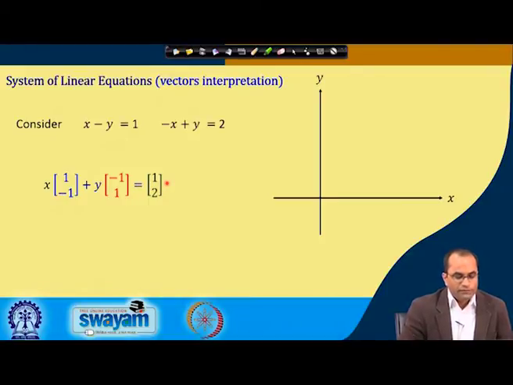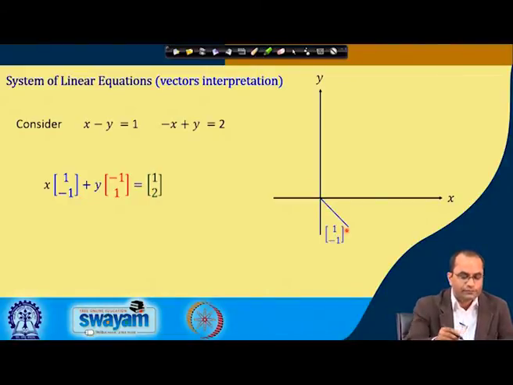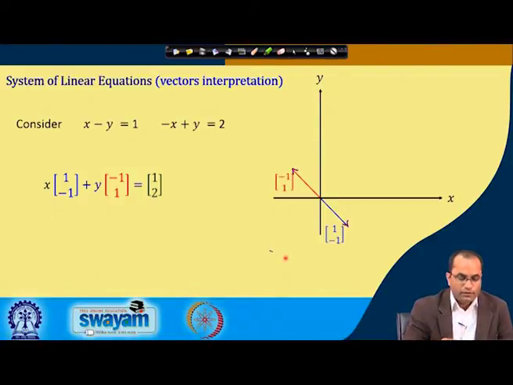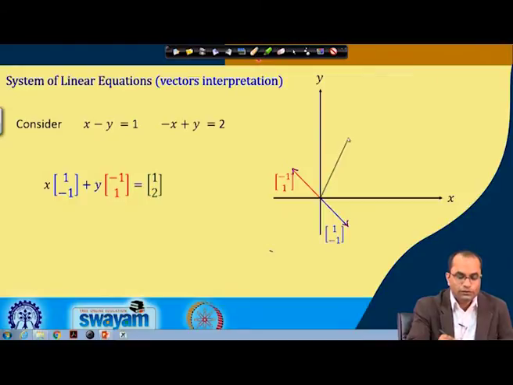Similar to the previous case, let us draw this vector 1, minus 1, then the other vector minus 1, 1, and the third vector, which is 1 and 2.